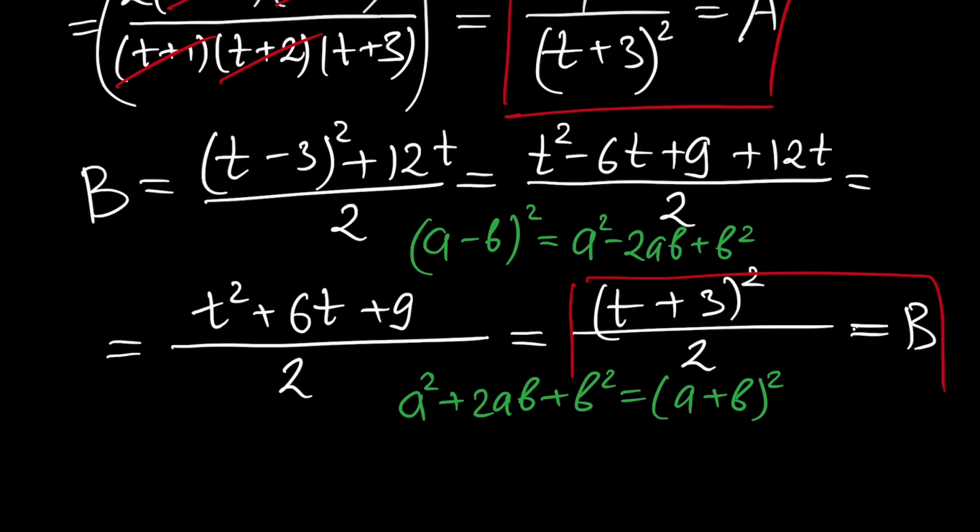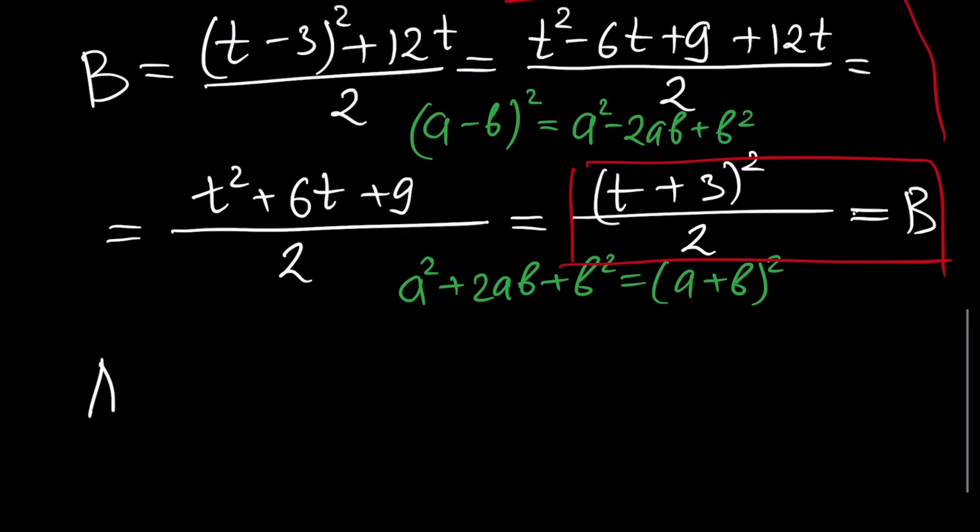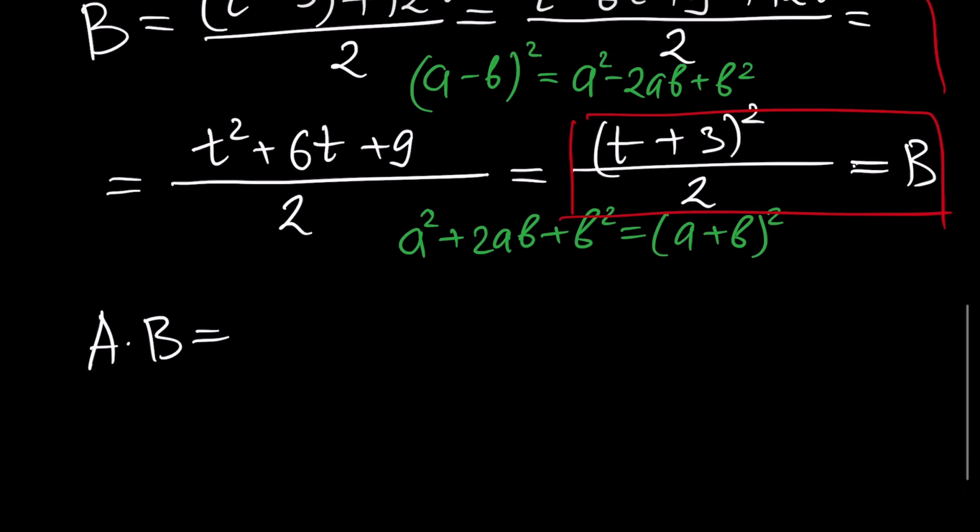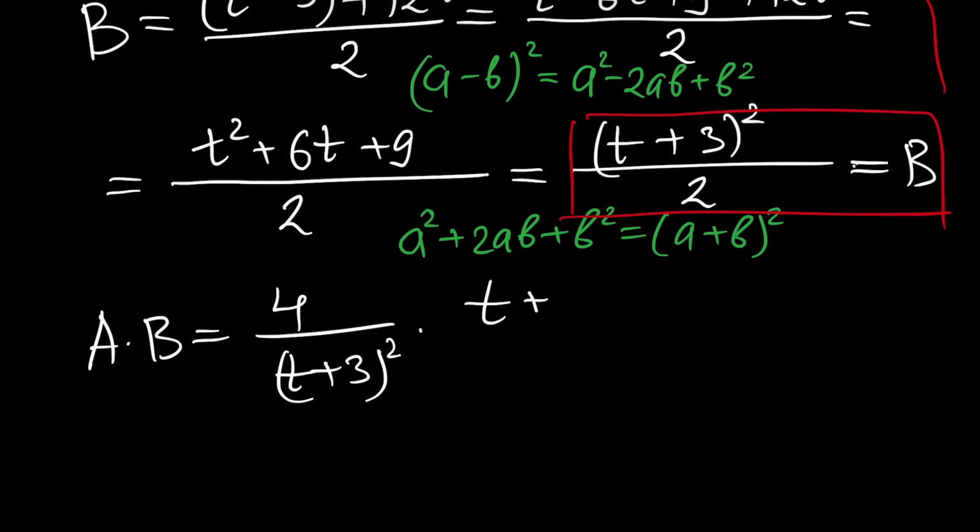And now we have to multiply A by B. So A times B will be 4 divided by t plus 3 squared times t plus 3 squared divided by 2.